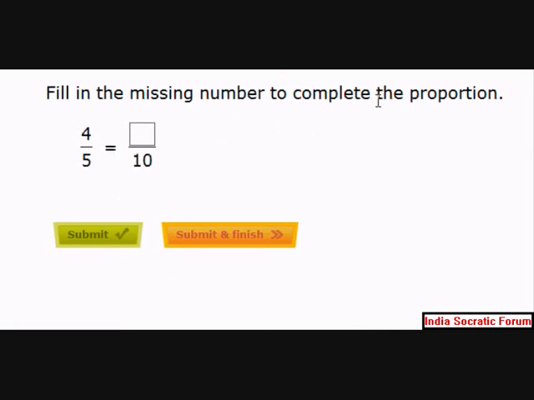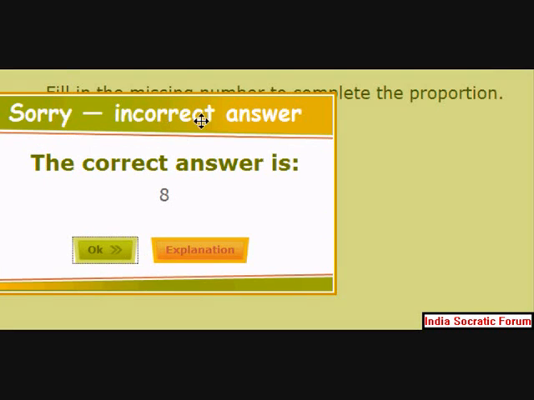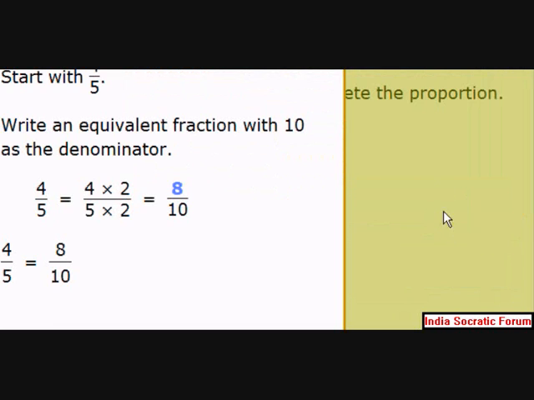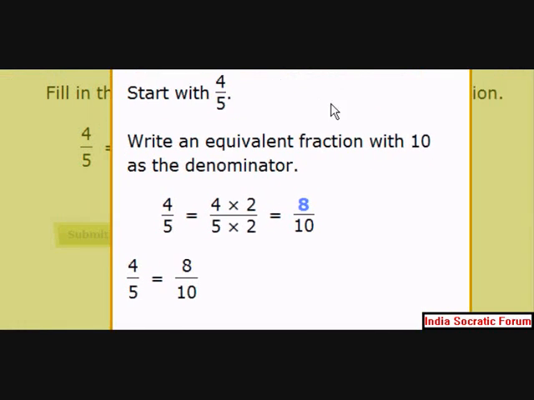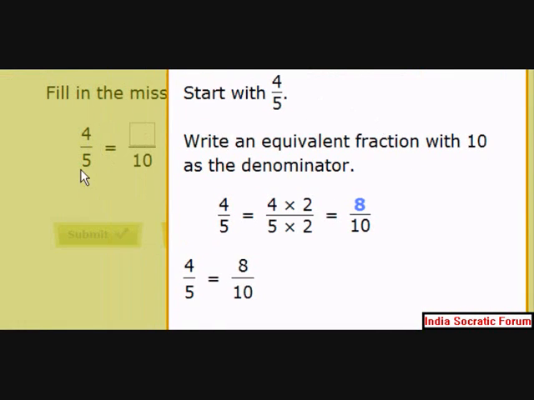Fill in the missing number to complete the proportion. What is the proportion of 4 by 5? Equivalent fraction. Yes, find it out. Good. Answer is 8. How did we get that? What makes 5 a 10?